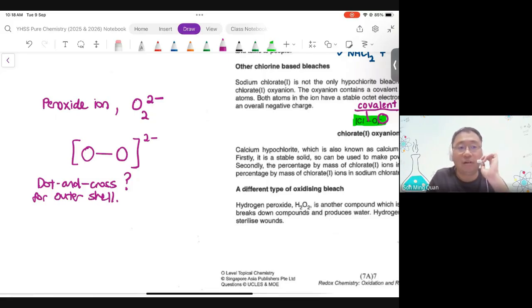Okay, for those who have sent me, Gloria, Chen Hing, Zeli, Zhongwei, all of you got it correct. Let's wait for the rest to send me. I want to check everyone's dot and cross of peroxide. Curti, you want to look at the shared electron. I think you forgot to color the circle. The dot must be colored. But other than that, Curti, you got it correct as well.